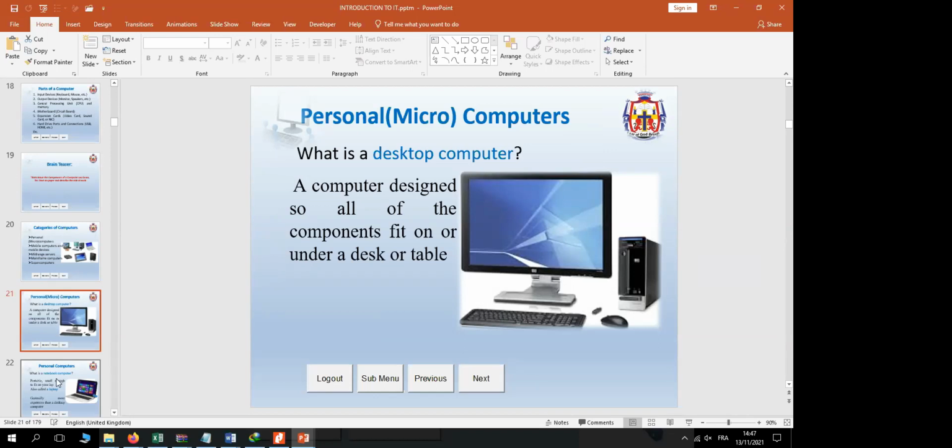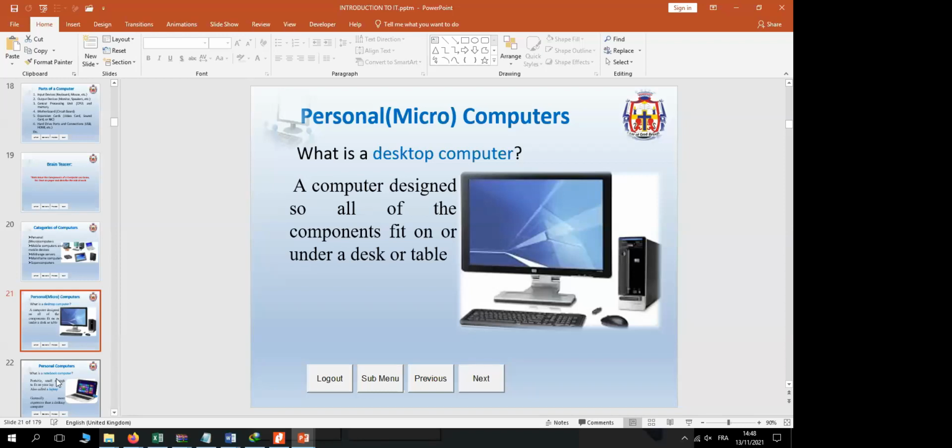Then sometimes we call these personal computers microcomputers. If you were in class last week, I said that most of the terms we use in computing are borrowed terms. What does it mean? If you know the English meaning, chances are high that you'll be able to tell what it means in line with computing. So micro means what in English?